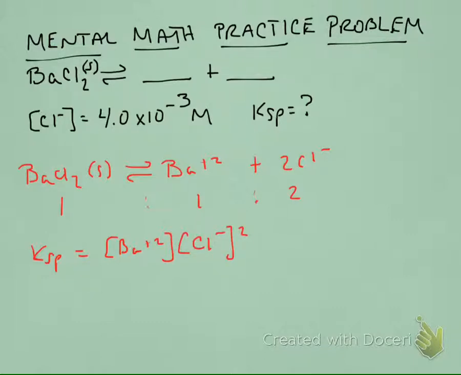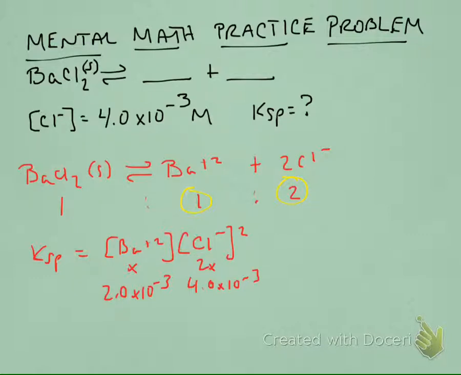And I know that my Cl minus is 4.0 times 10 to the negative 3rd. And if this is 2x, this must be x from what we said up here. So the value for Ba plus 2 must be half as much, so 2.0 times 10 to the negative 3rd.